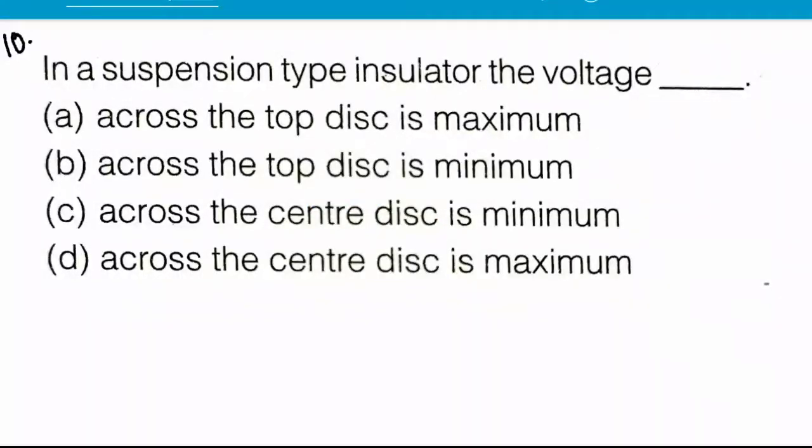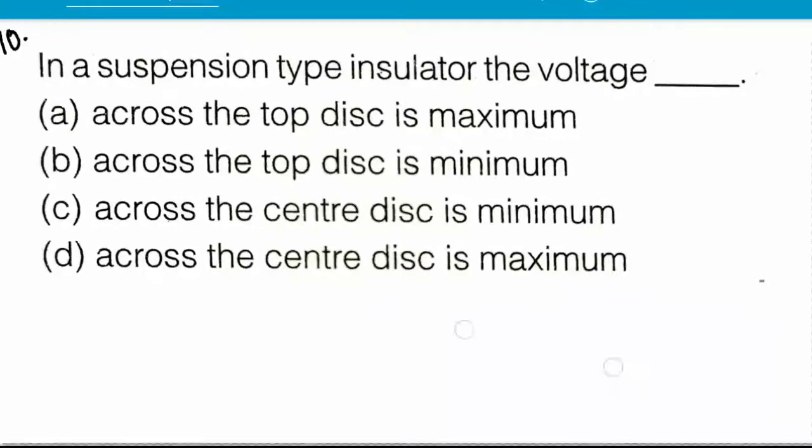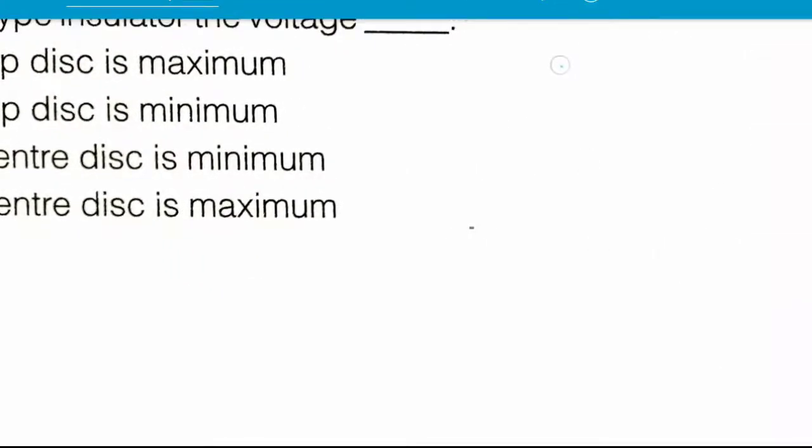Next question: in a suspension type insulator, the voltage across the top disk is maximum, across the top disk is minimum, across the center disk is minimum, across the center disk is maximum. This is the suspension type. Suppose this is the arm of a tower and these are suspension type disk insulators.